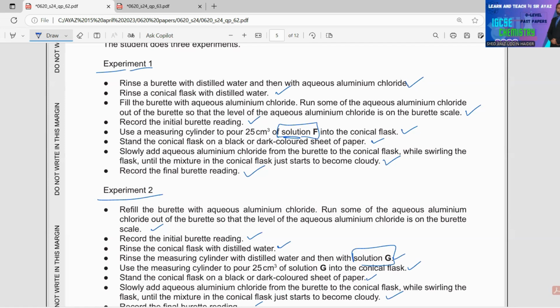So we need to remove solution F before using the conical flask. So you write: remove solution F.